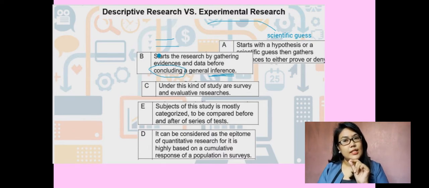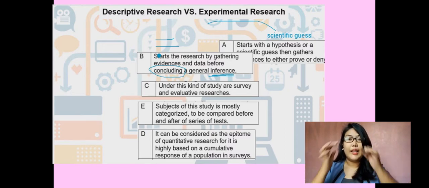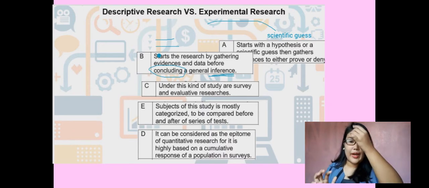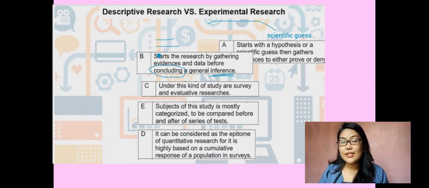Could this be the same with the words guess and hypothesis? Okay, they are not synonymous, but they could be related in a way that it's a summary, it's an idea that is taught, especially with inference. You get to have inference when you have a basis.